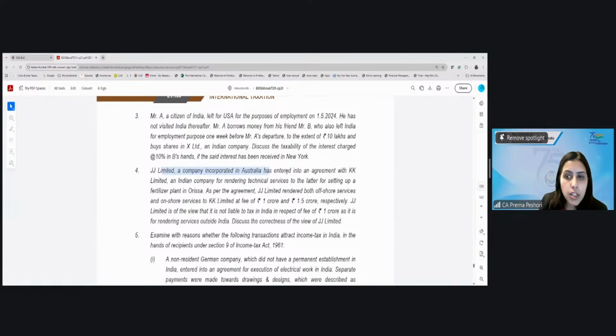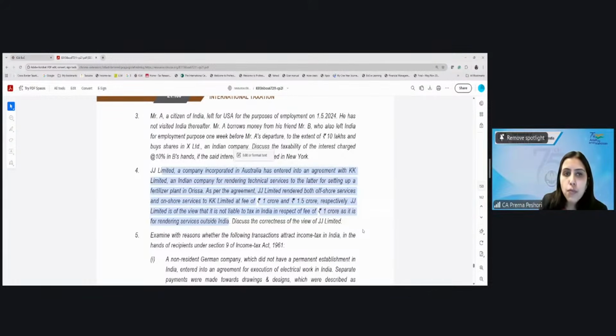JJ Limited, a company incorporated in Australia, has entered into an agreement with KK, an Indian company, for rendering technical services to the latter for setting up a fertilizer plant in Odisha. As per the agreement, JJ Limited rendered both offshore services and onshore services at a fee of 1 crore and 1.5 crore respectively. JJ is of the view that it is not liable to tax on the fee of 1 crore as it was for services rendered outside India.